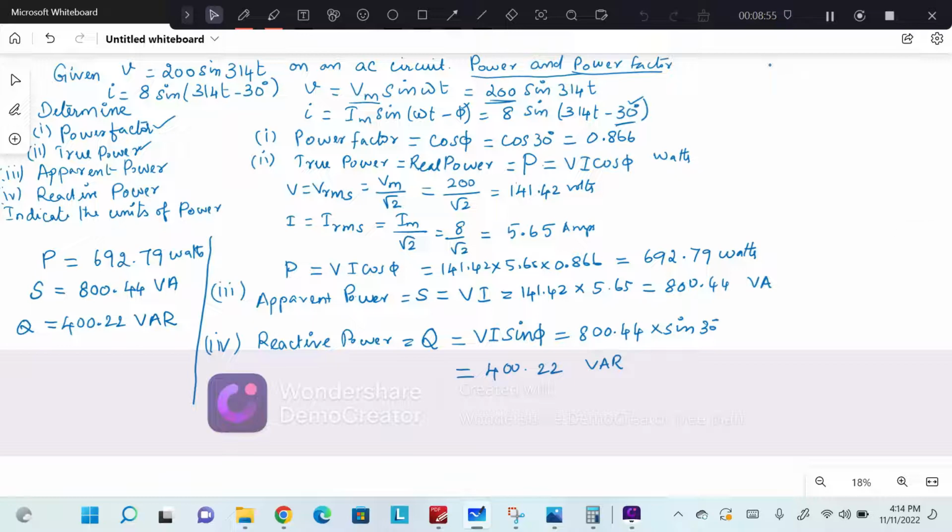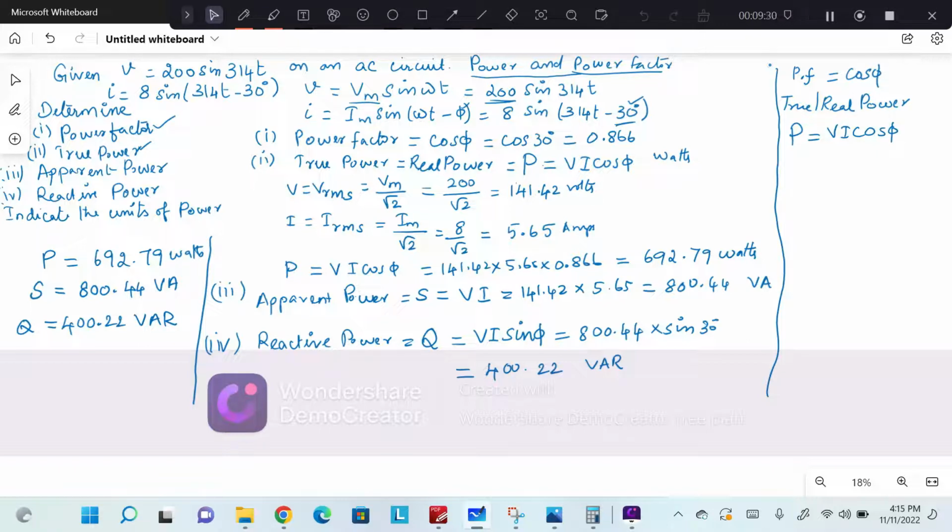Let me compile it and give you the formulas for all the questions which are asked. Power factor, which is represented by PF, is nothing but cos phi. Then the true power or the real power is represented by the letter P, and the formula to find real power is VI cos phi, where V and I are RMS values.